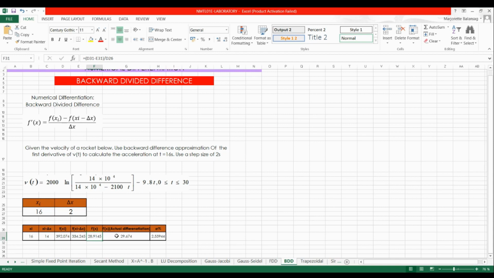So if you manually derive it, this will be the answer, which is 29.674 compared to 28.9145. So there's a relative error of 2.56%, which is still acceptable since we still have other factors to consider.